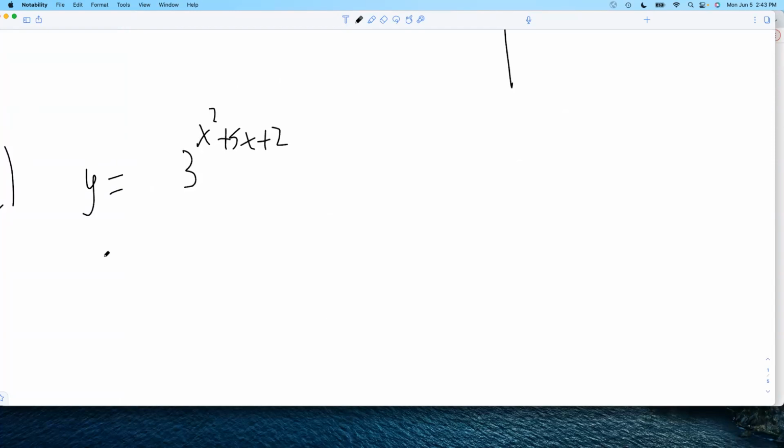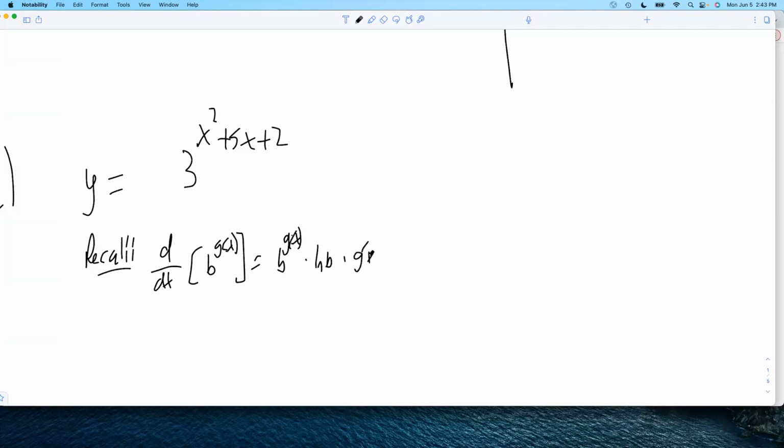The derivative, so just recall here, the derivative of b raised to some function is b raised to that same function times the natural log of b times the derivative of whatever is up top.